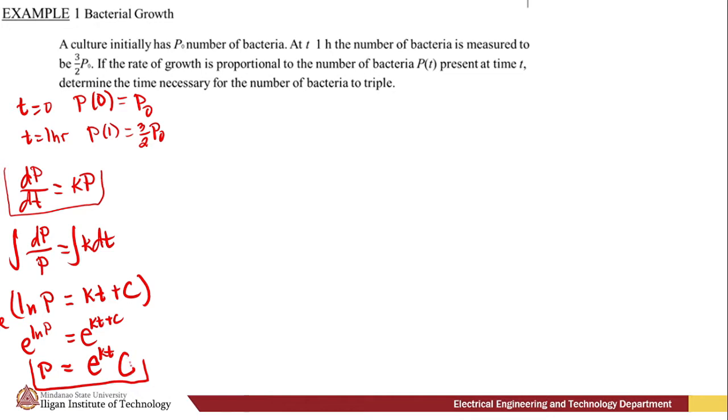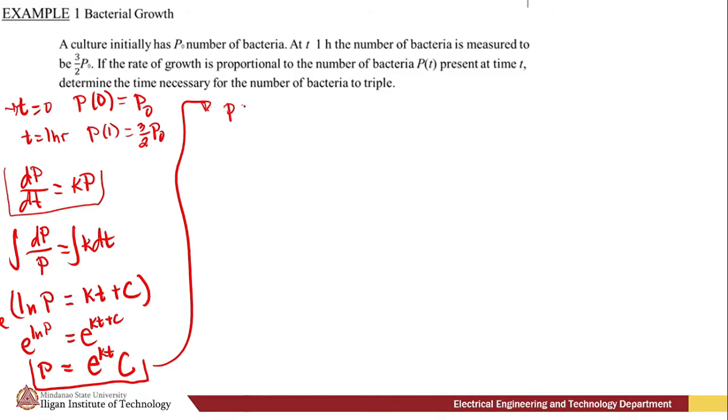But first, we need to identify the value of our arbitrary constant C and the constant of proportionality k. To find the value of C, we are going to apply our initial condition.